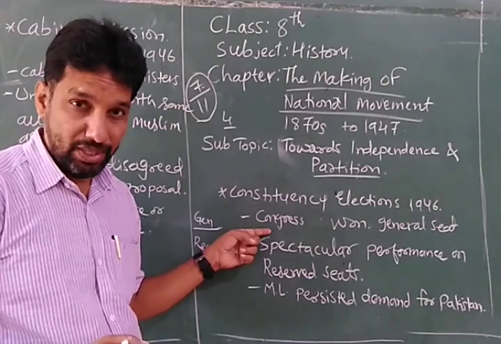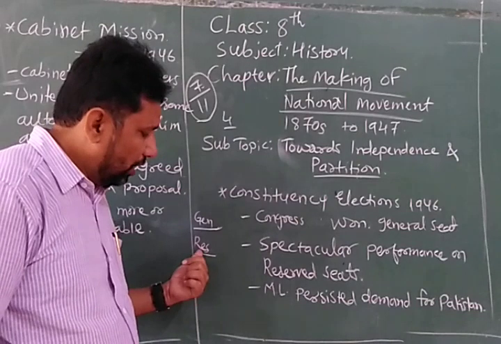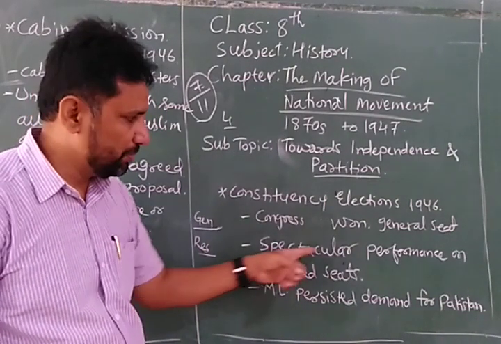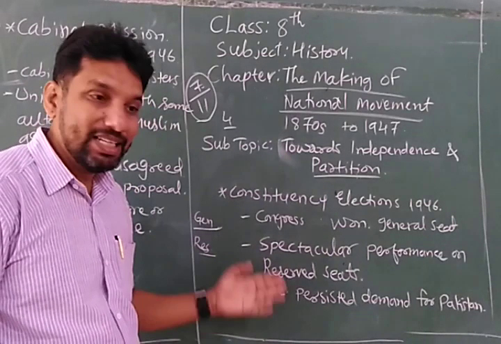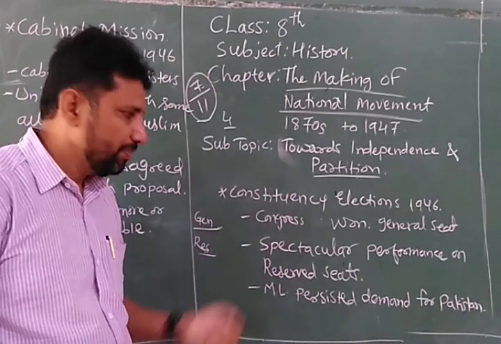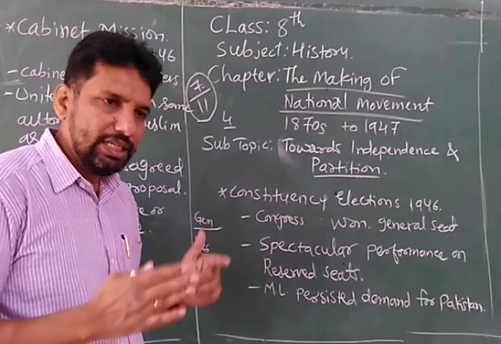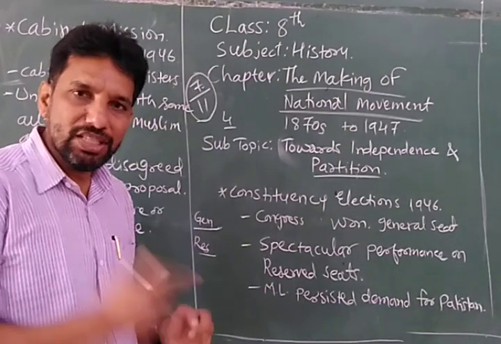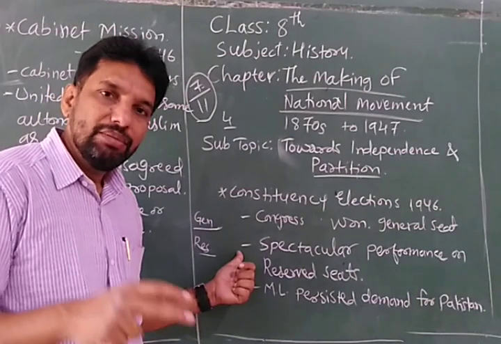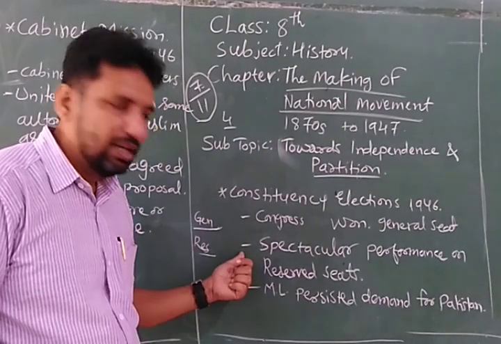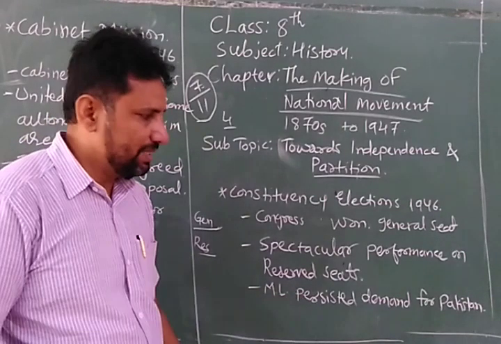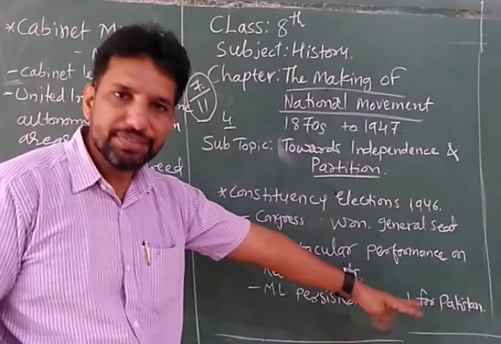Congress won them. However, on the reserved seats, the Muslim League performed spectacularly. It is clear that people, particularly Muslims, believed in the strategy of the Muslim League. Hence, the Muslim League persisted in its demand for Pakistan.